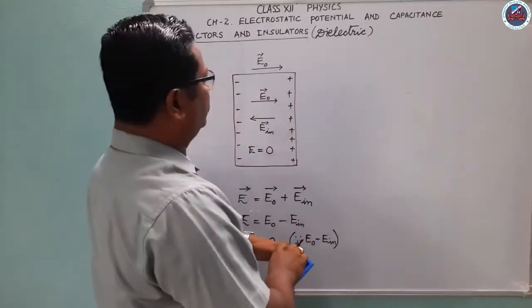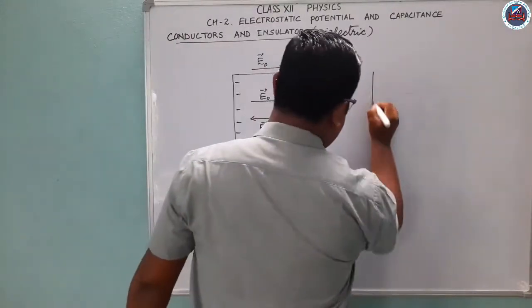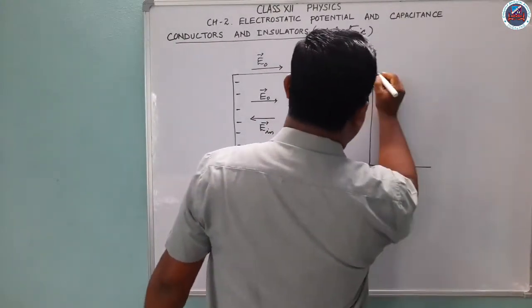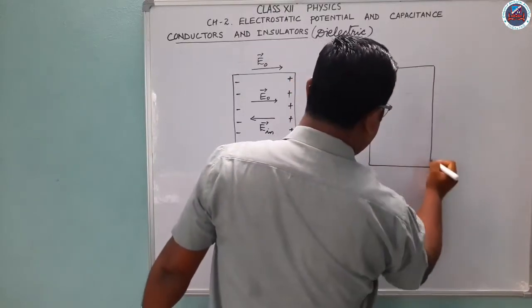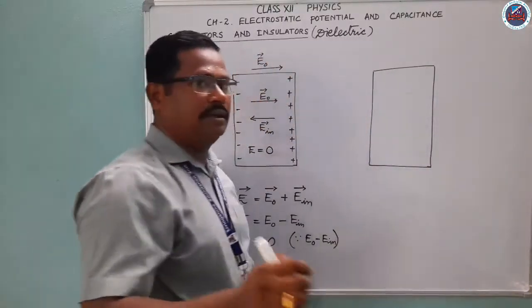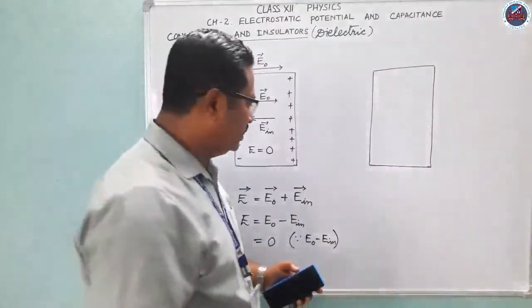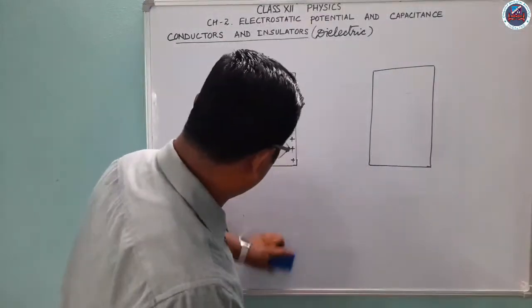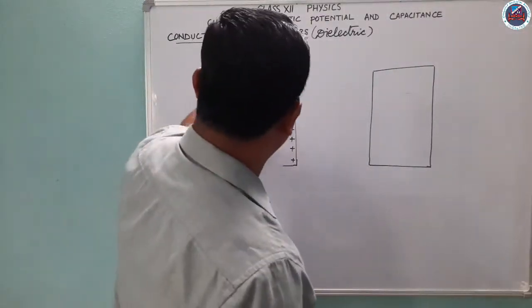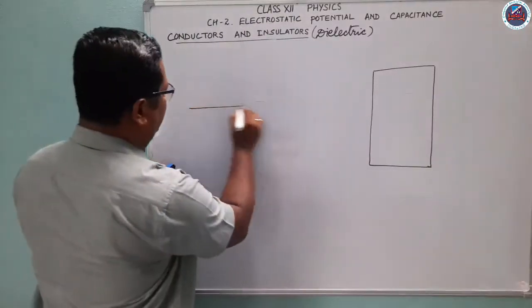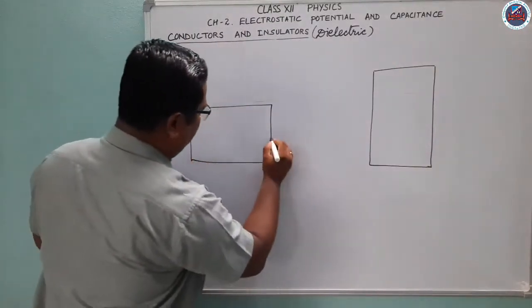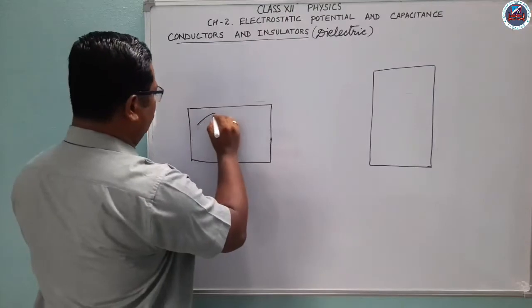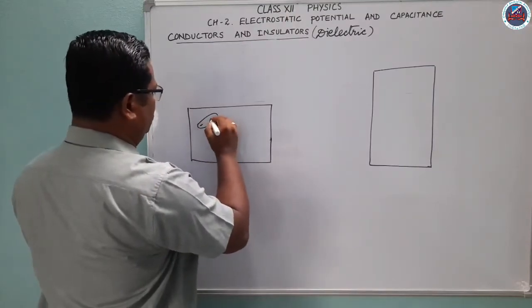In the case of dielectrics, they don't have any free charges with them. All their charges are bound charges. If I take a rectangular dielectric like this, the charges are arranged like this.